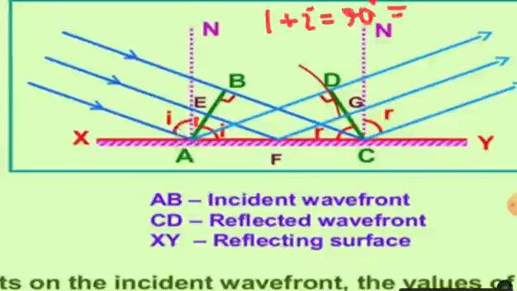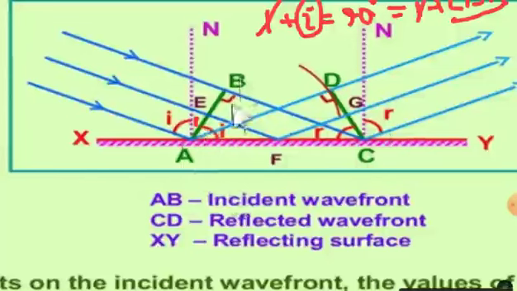And here also, 1 plus the remaining angle BAC will be 90 degrees. If you cancel this 1, then the angle of incidence will be equal to the angle BAC. So that's why I mark it here as BAC.